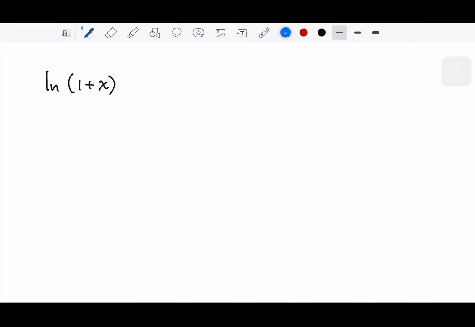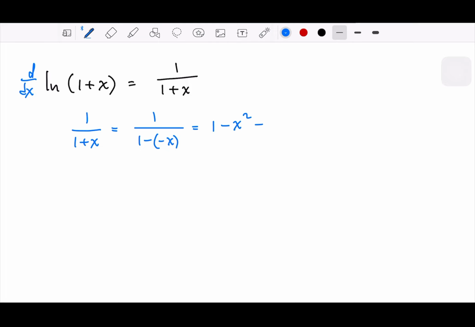First, probably we can think on 1 over 1 plus x, which is the derivative of ln. If we take the derivative of ln, this will result in 1 over 1 plus x, right? So if we look at 1 over 1 plus x, this will be like 1 over 1 minus x, or we can have this alternate series.